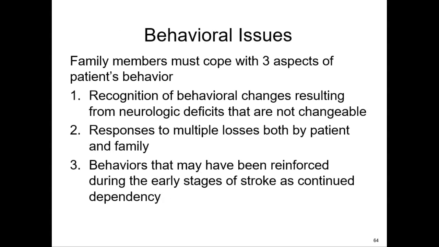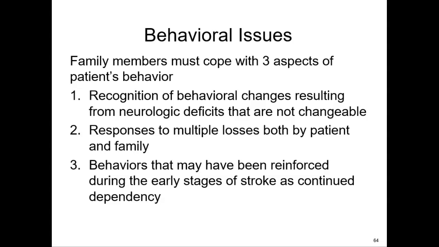Family members must cope with 3 things: the neuro changes that they're seeing, they're not modifiable at this point. It is their responses to both the patient's loss and their loss. And when somebody first gets ill and they are being looked after, sometimes there's this dependency that can come, which you guys might be familiar with seeing.